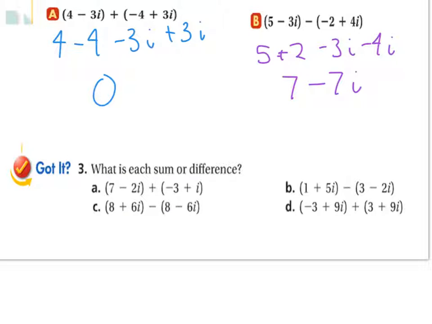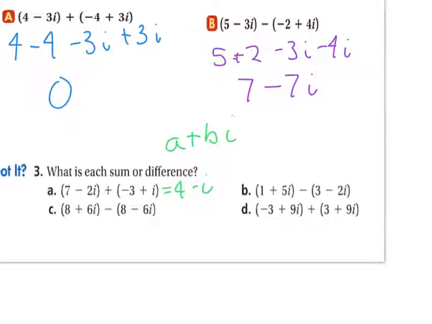All right, so for A, we would go 7 minus 3, so that would be 4. And we'd have a minus 2i plus an i, so it would be minus i. Again, always remember to write in the form a plus b times i. For B, we'd do 1 minus 3, so that would be negative 2.